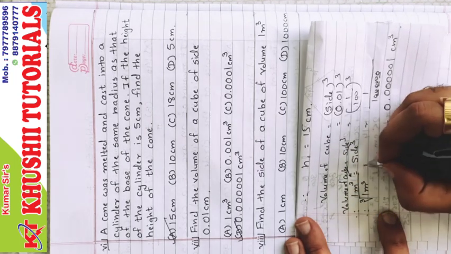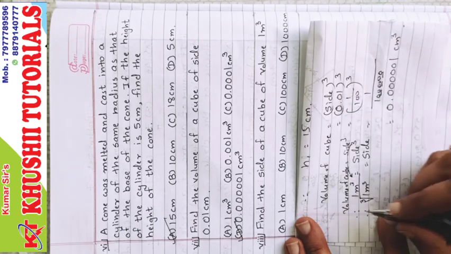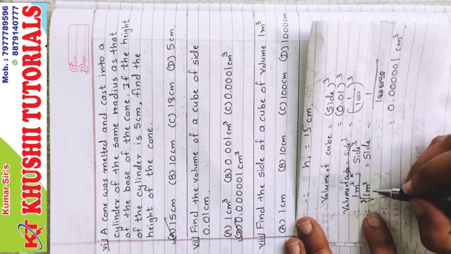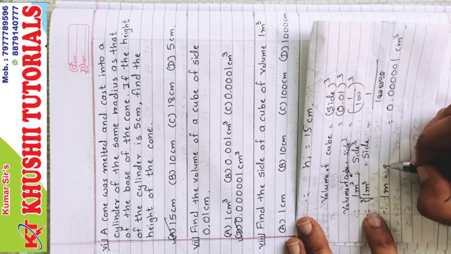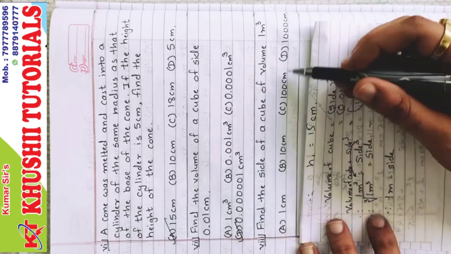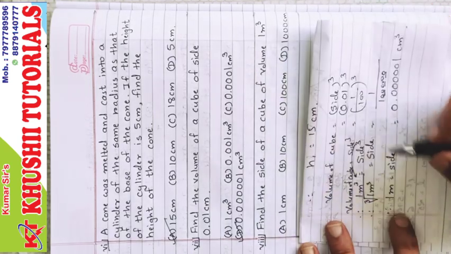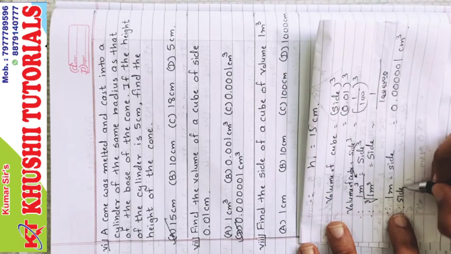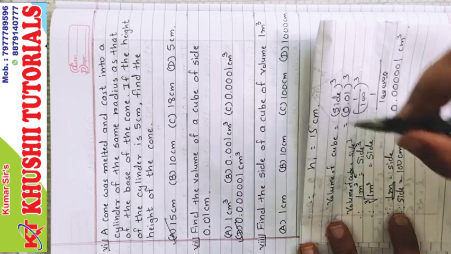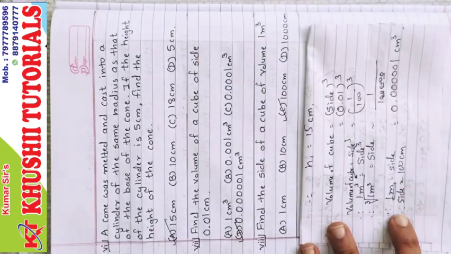So side equals cube root of 1 cube. Taking the cube root of 1, cube root of 1 cube is 1 and meter cube is meter itself. So side equals 1 meter. Now in the options we don't have meter as a unit, we have centimeter. So side equals, we know 1 meter means 100 centimeter. So side is 100 centimeter.